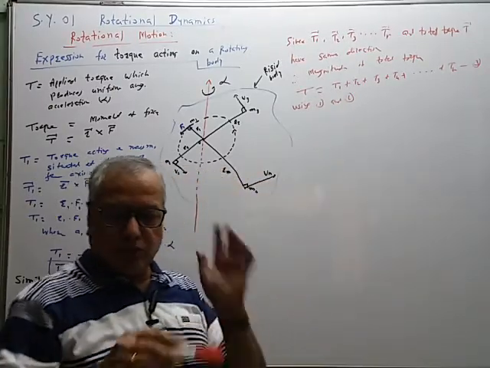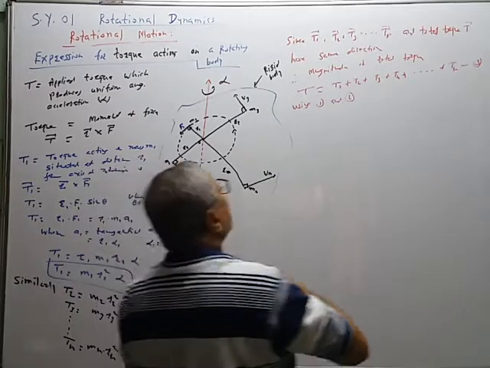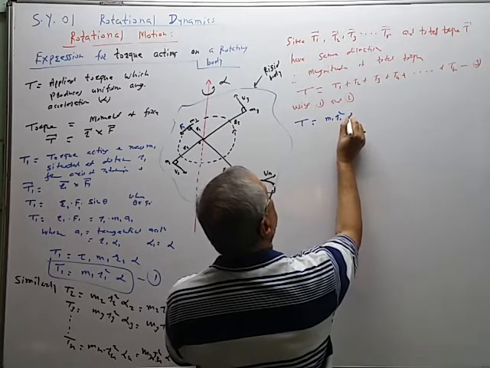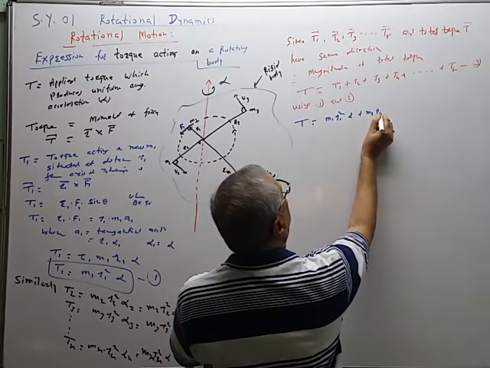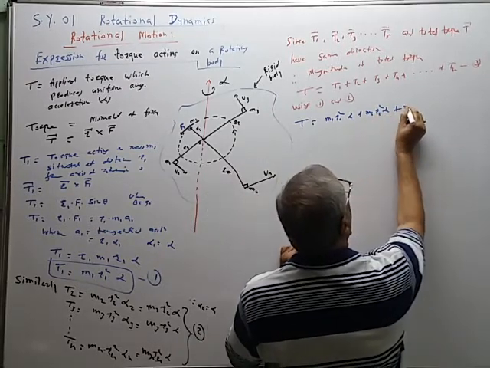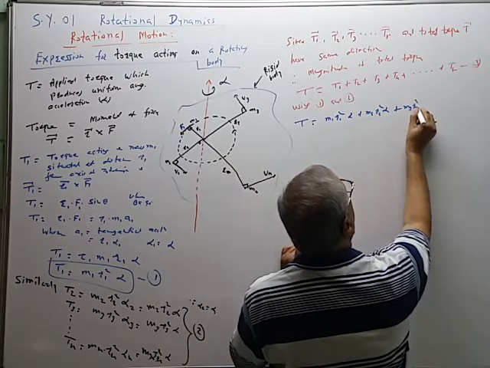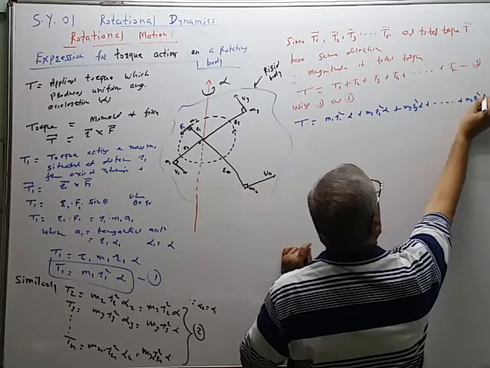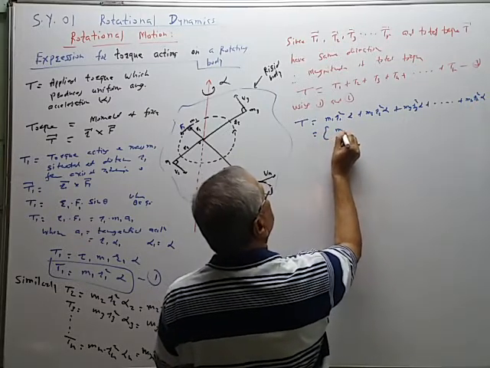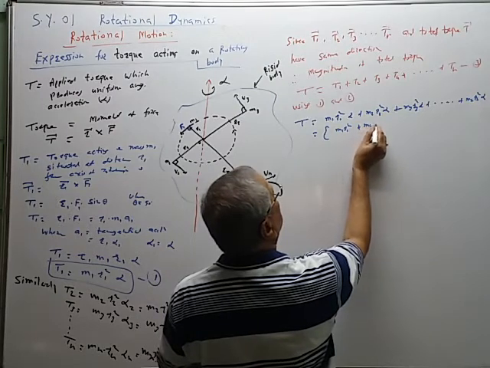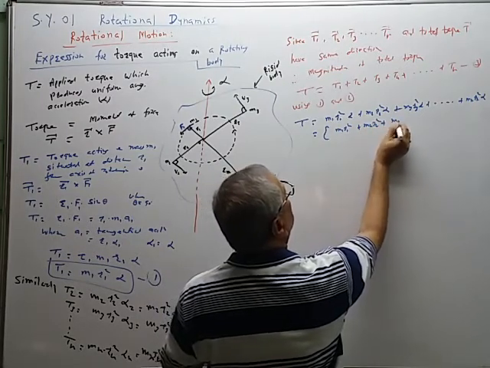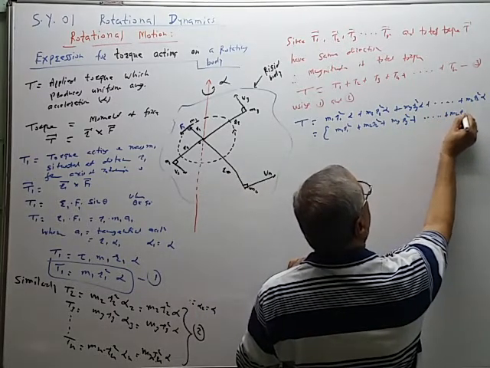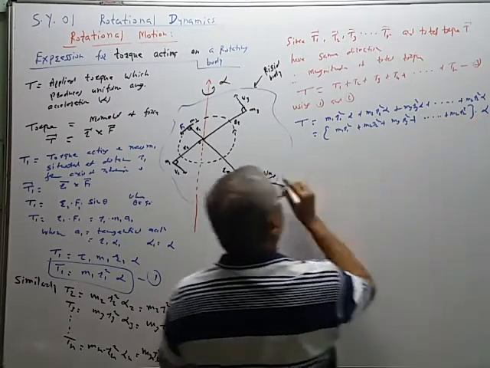So using 1 and 2, T is equal to M1 R1 square alpha plus M2 R2 square alpha plus M3 R3 square alpha, up to Mn Rn square alpha, is equal to summation of m1 r1 square plus m2 r2 square plus m3 r3 square up to mn rn square, into alpha.